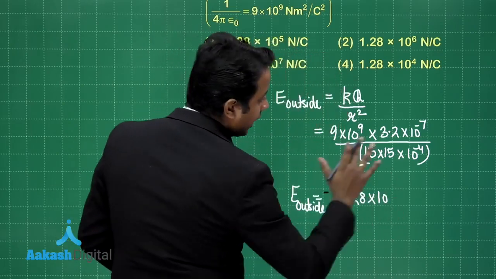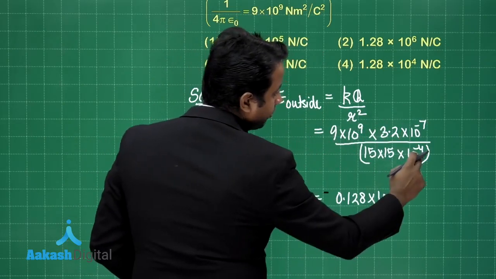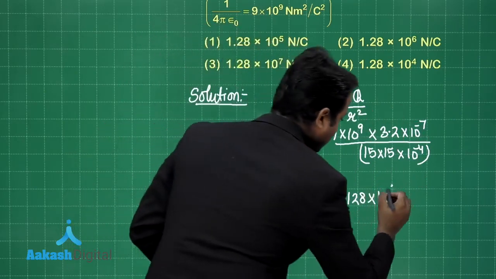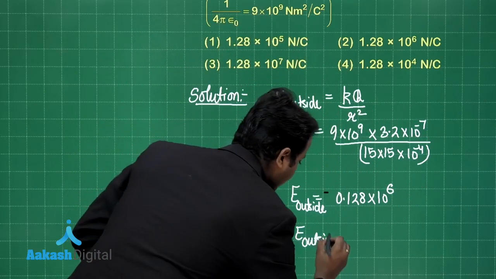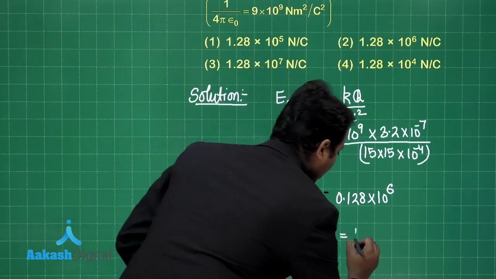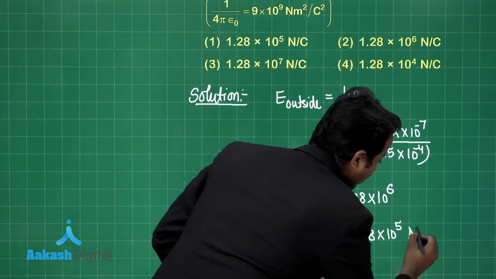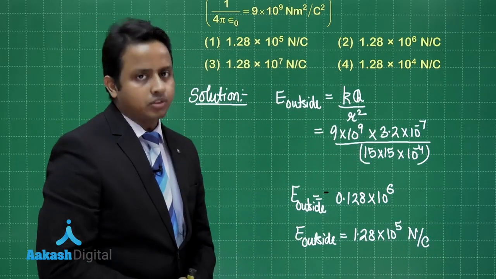In this question I will be having 9 and minus 7, so there will be a factor of 2, and from here it is minus 4. So 4 and 2 will be 6. So actually electric field at the region outside has a magnitude 1.28 × 10^5 Newton per coulomb. So this would be the electric field we are searching for.